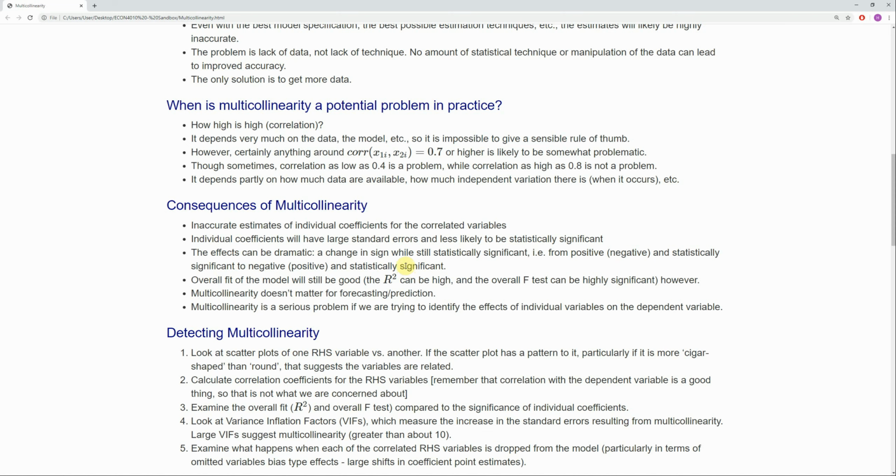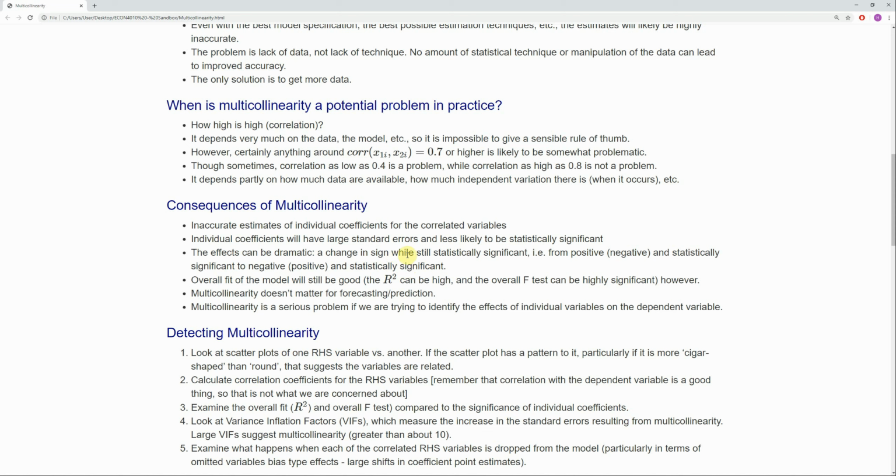The sign of your variables could change, and those changes could be dramatic. Sometimes you could have a positive and statistically significant effect turn into a negative and statistically significant effect.